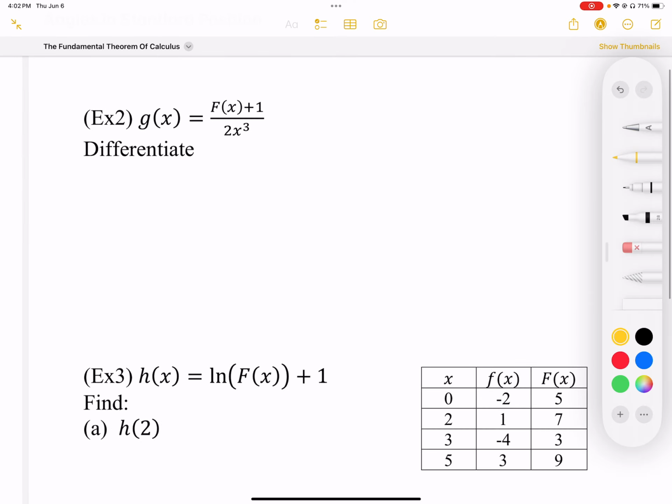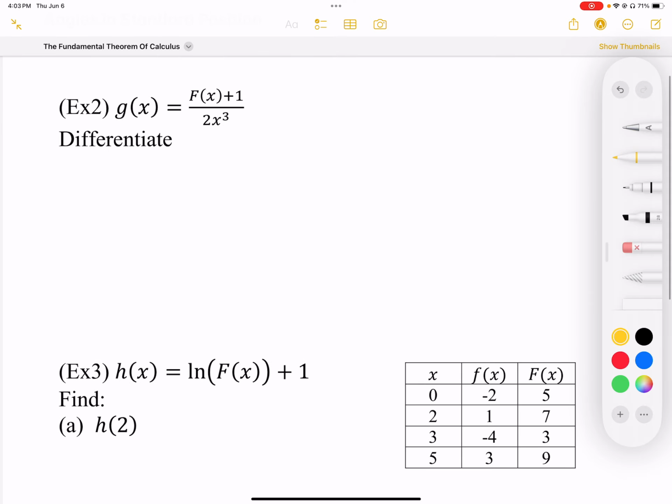We can look at a function like this. This is a combined function. If we're asked to differentiate something like this, to find g prime, we just need to differentiate the notation. However, this notation is a quotient, so we need to apply the quotient rule. The quotient rule is going to look like this.